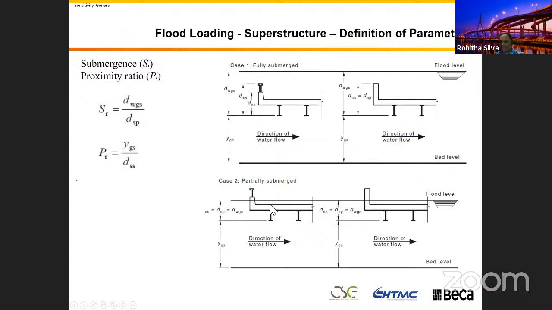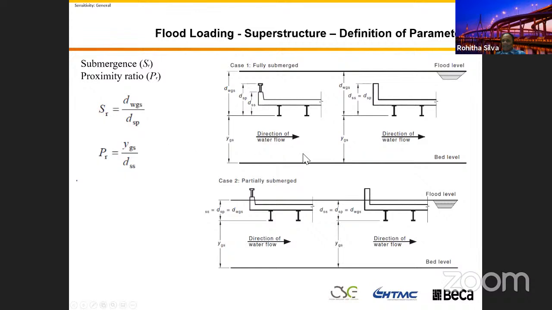DSP. What happens here in the partially submerged case is that the depth is from the soffit of the girder to the top level of the bridge, and the DSP used in the calculation is exactly the same.